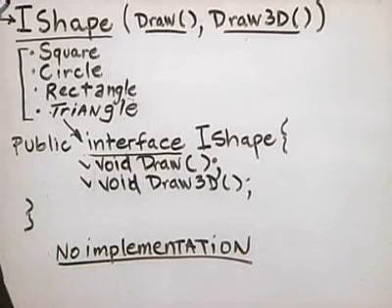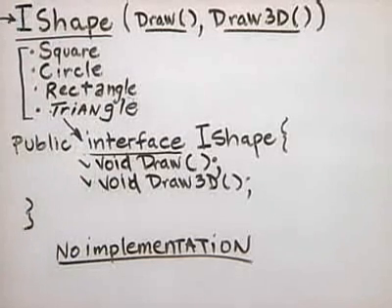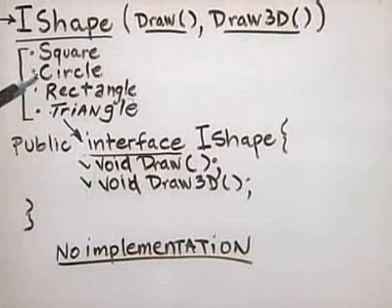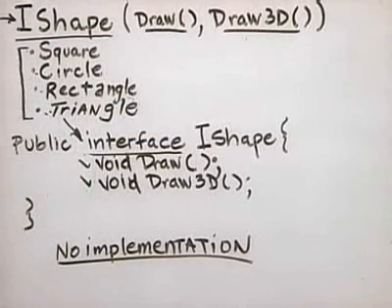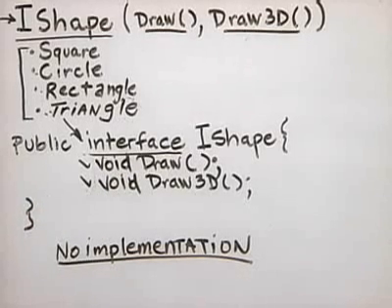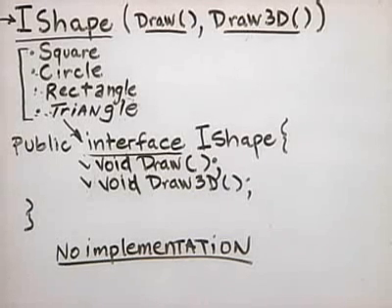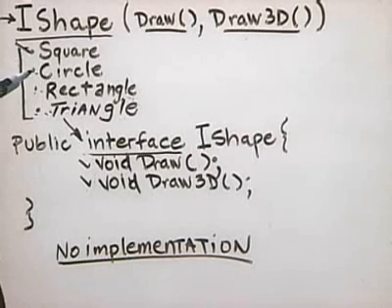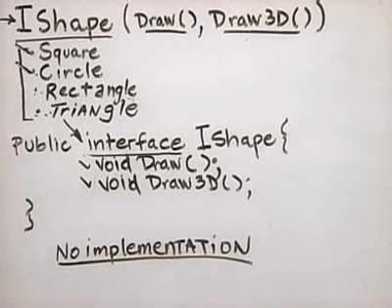Now take a look at the structure here and you'll see that square, circle, rectangle, and triangle could all use a Draw and a Draw3D method. That method probably is the way that those shapes are drawn. But every shape is drawn differently. A square, for example, is drawn really differently than a circle.